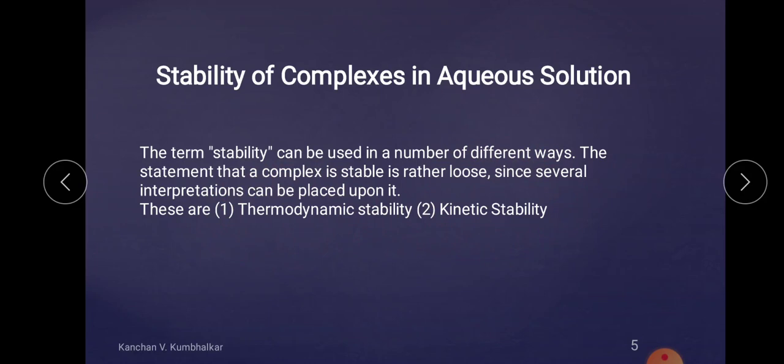Stability is a word with a vast area which covers many things. But for a particular complex, we have to mention that there are 2 basic types of stability, either thermodynamic stability or kinetic stability. Now let's check what is thermodynamic stability and what is meant by kinetic stability.